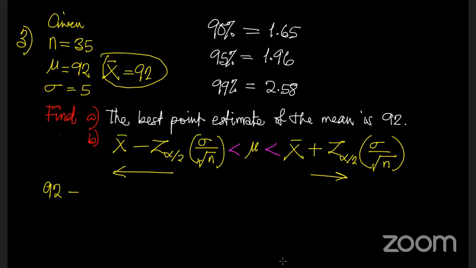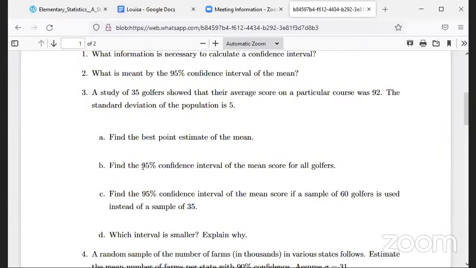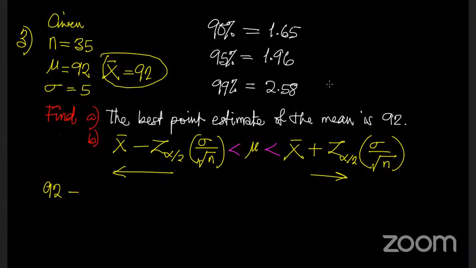Referring to the question, let's see what interval we're asked to use. 95% confidence interval. So because we're using 95% confidence interval, we're going to use this value, 1.96. So it means that Z for 95% confidence interval is 1.96.